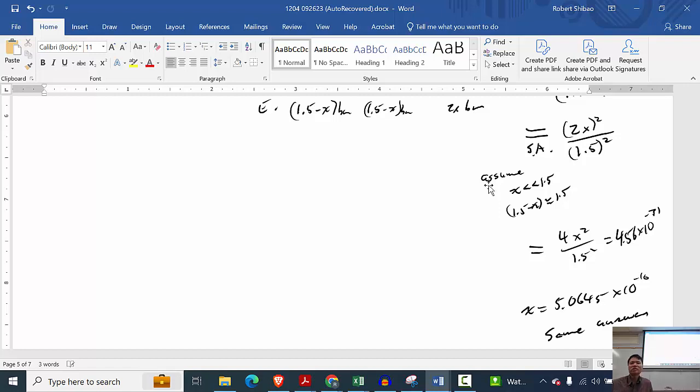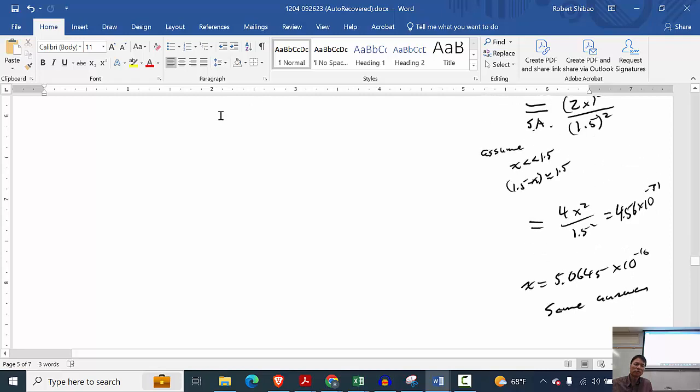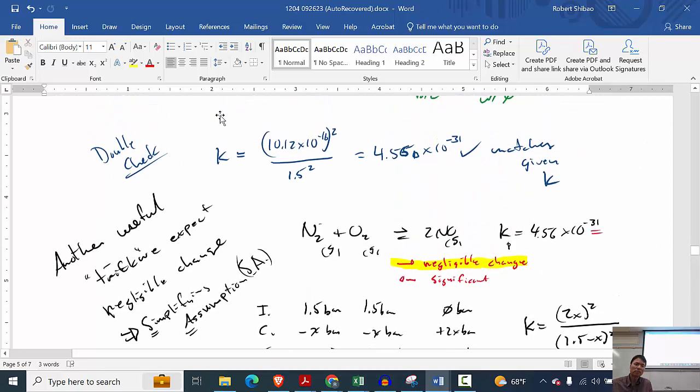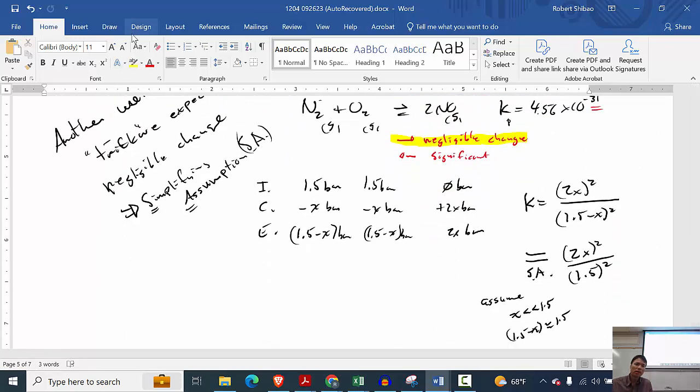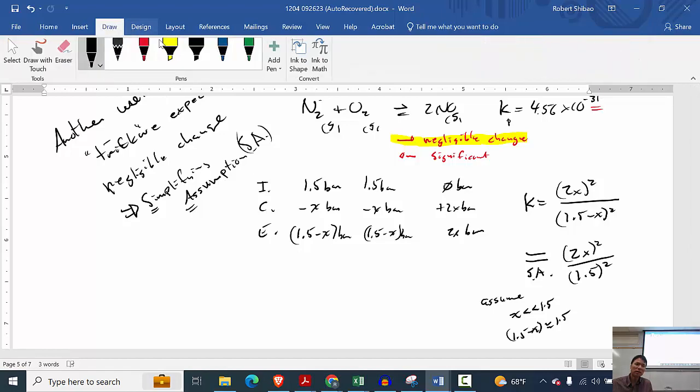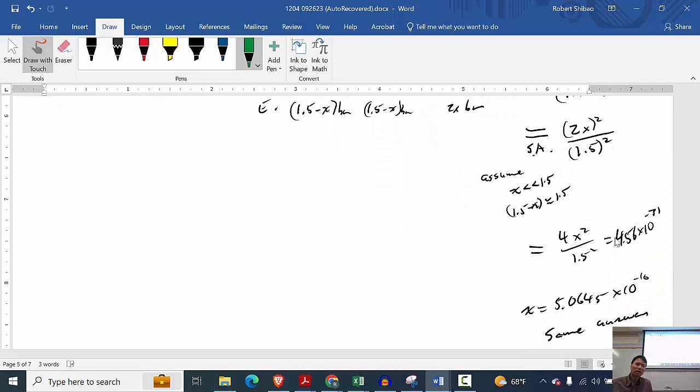Now, this one worked especially well because the change was exceptionally small, but if the change is more significant, then we have to worry. And so we're going to justify our simplifying assumption. Now, the justification is a little bit of a circular argument here.